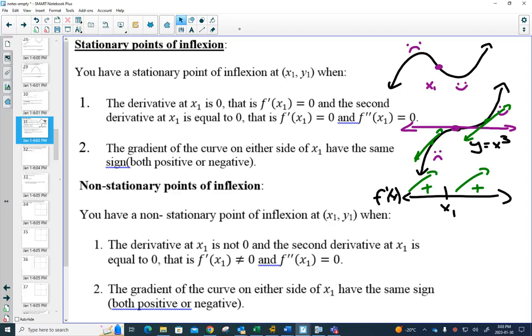The gradient of the curve on either side has the same sign. So if we looked and picked a tangent here and a tangent here, you can see that the slopes would be both negative on either side of your inflection point. If one changes from negative to positive on either side, then you have a minimum, and it would not be an inflection point.